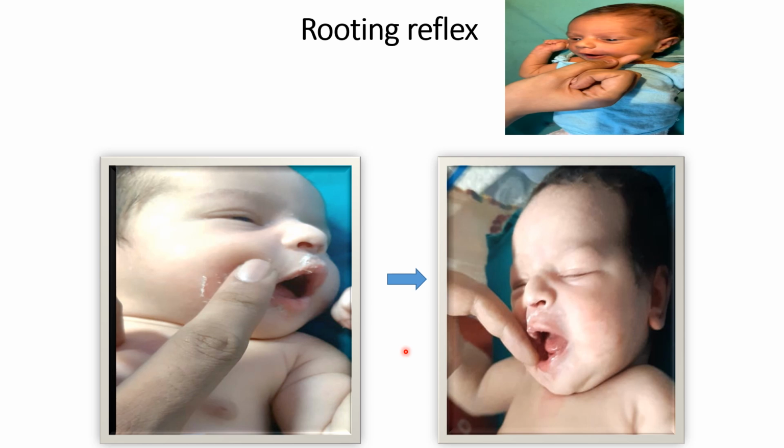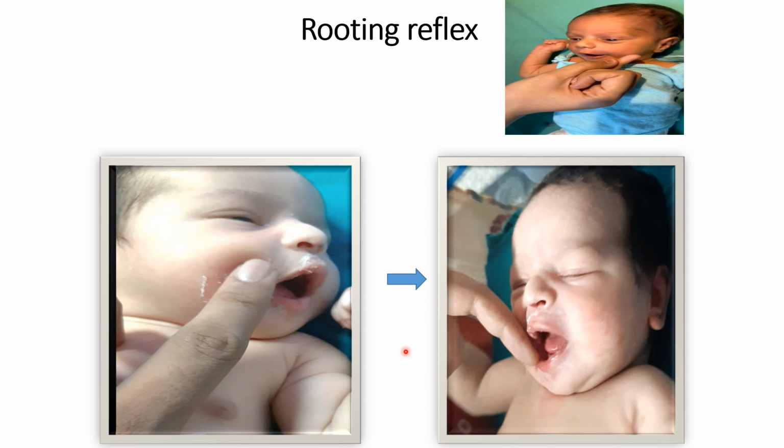This reflex helps the baby to get the breastfeeding, to localize the nipple. This reflex appears between 28 to 30 weeks of gestational age and disappears by 4 months of age. Rarely it persists beyond 12 months. This reflex is normally present from 28 weeks till 4 months of age.